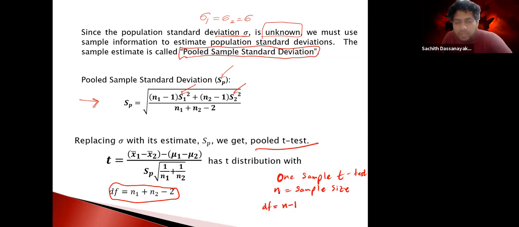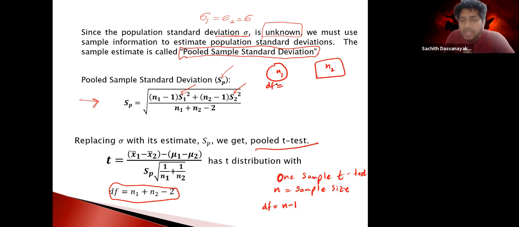Same here, it is like the summation of two degrees of freedom. Here you have two samples, with sample sizes n1 and n2.